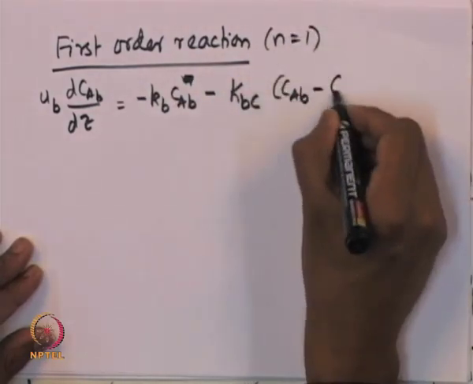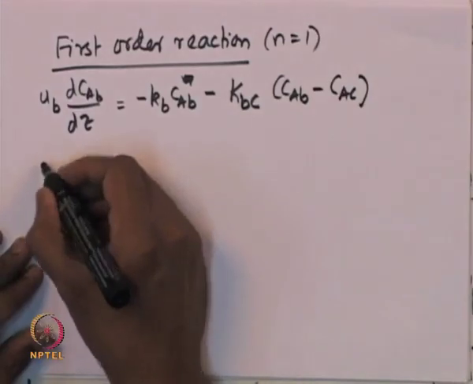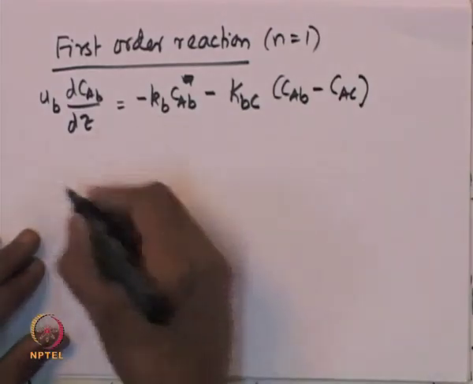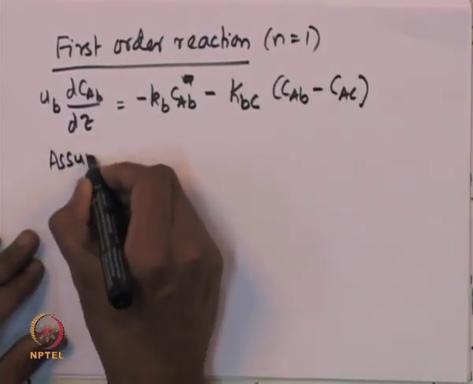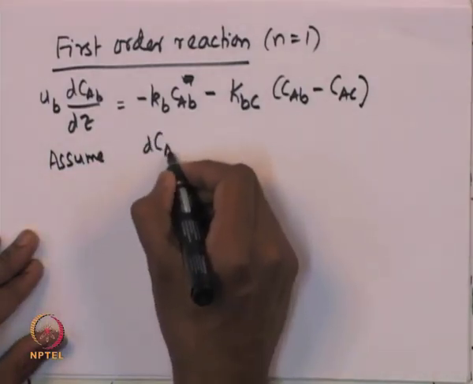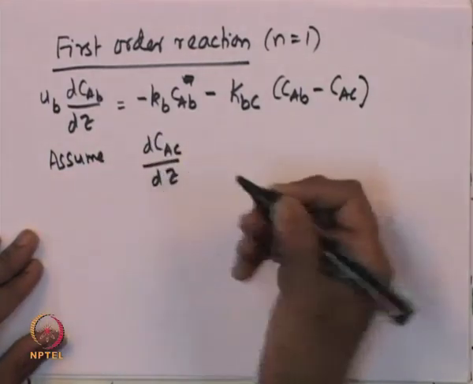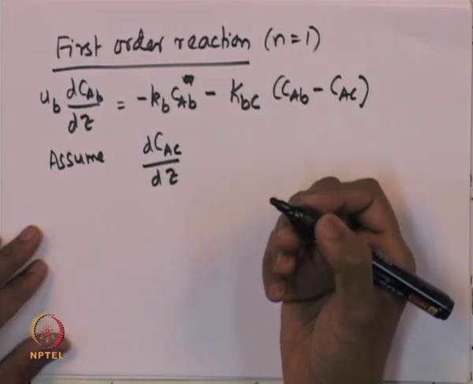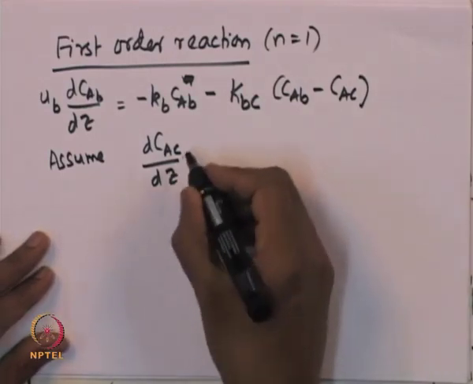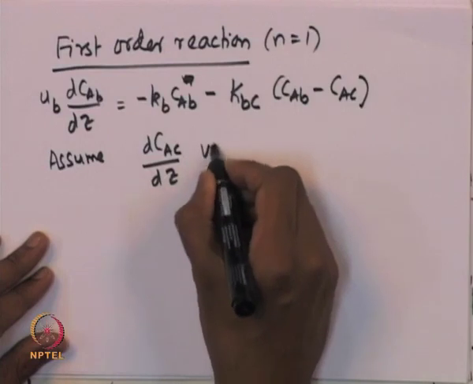And suppose we assume that dCAC by dz, which is the rate of change of the concentration with respect to position in the cloud phase, is very small.